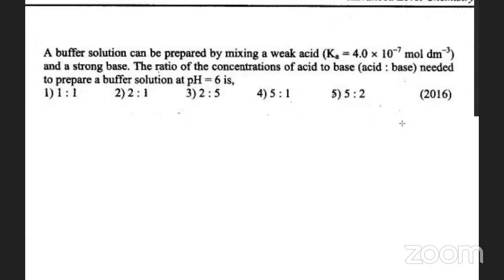The ratio of the concentrations of acid to base needed to prepare a buffer solution at pH equal to 6 is... So when they say pH is equal to 6, it means H3O plus concentration is 10 to the power minus 6 mole per decimeter cube.